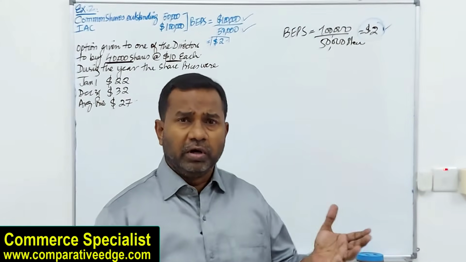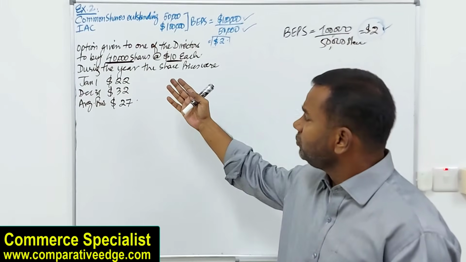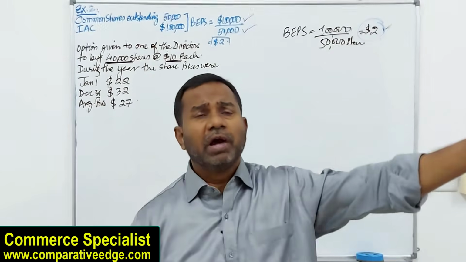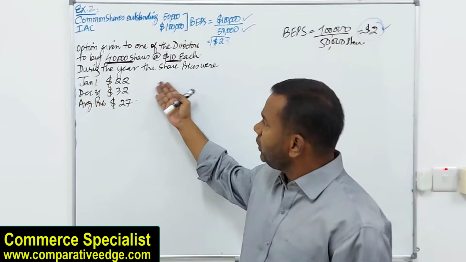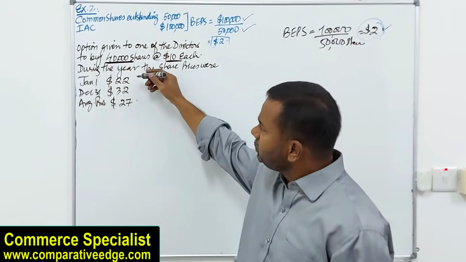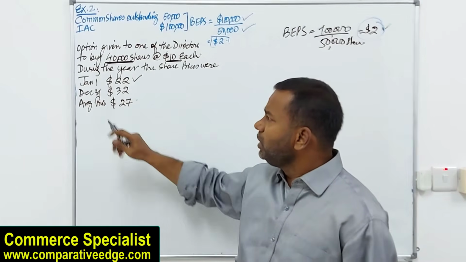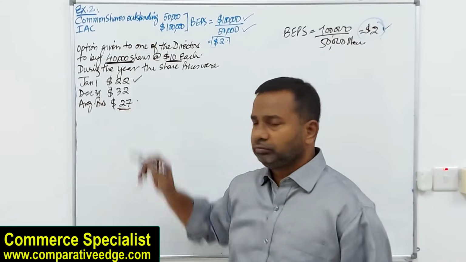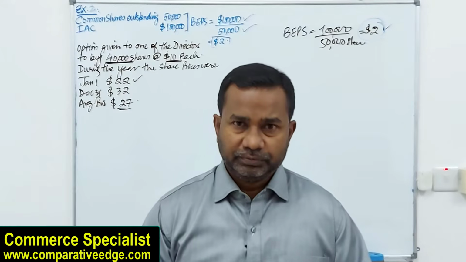Pretty decent and lucrative option, I would say, 40,000 shares for 10, whereas outside the market price could be very high. And you're given the price of the company share. At 1st January, it was 22. On December 31st, it was 32. Average price is 27.